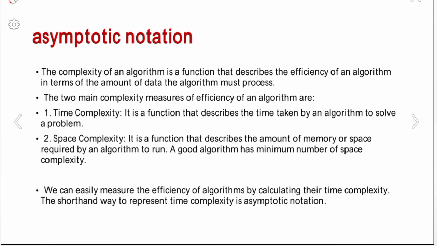And similarly, for a particular input size n, the data structure may also vary. Suppose I am giving an input size n for a data structure stacks, and for the same input I am giving it to the queues. So there will be some difference in the working, or in measuring the complexity of the program. So for the particular input size n, a data structure may work faster or slower.